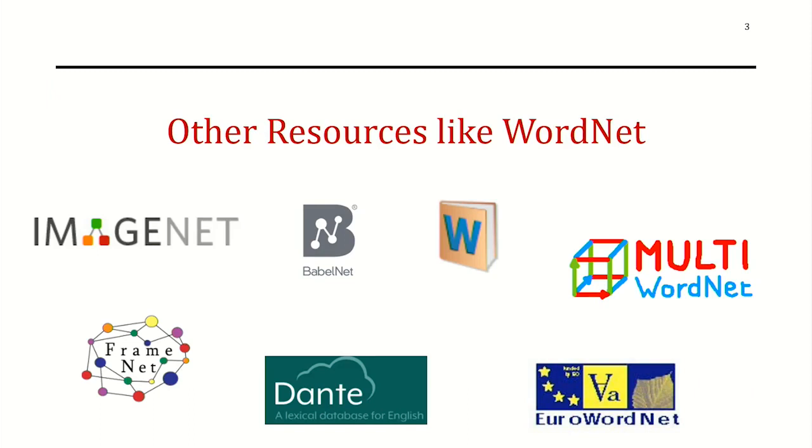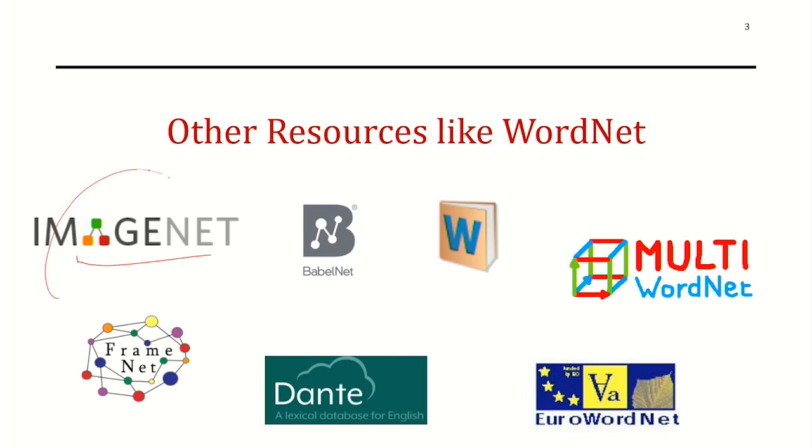These are some resources that we can use to get lexical data, so data sets. Like we have seen in WordNet, we can retrieve the synonym or antonym of a given word, as well as finding information. We have ImageNet here, which refers to image processing.